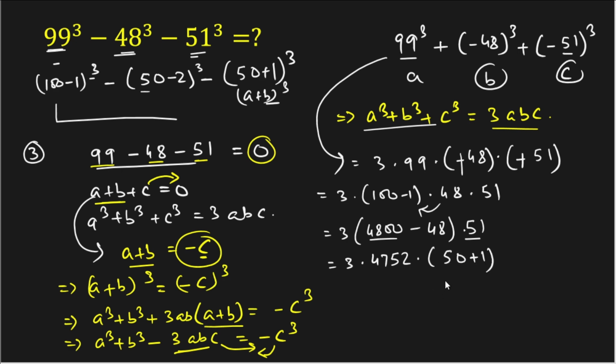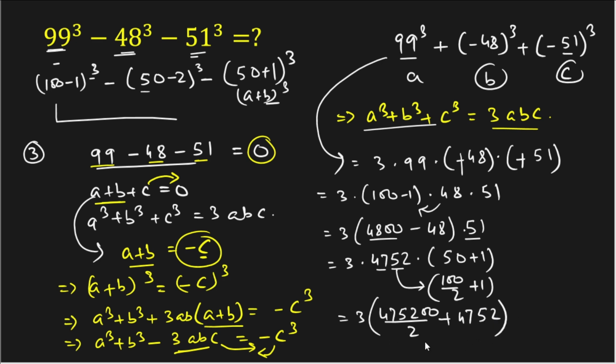In the next step we'll write 50 as 100 divided by 2 and 1 as it is. So now we will multiply 4752 with 100 divided by 2, plus 4752. This value is in bracket and multiplied by 3.